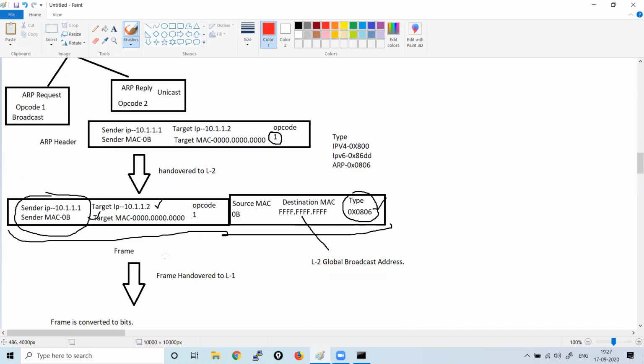So there as well, ARP will come into action, only in the case where I don't know the destination MAC address. Wherever there is a scenario where the destination MAC address is unknown, there I'll call ARP.